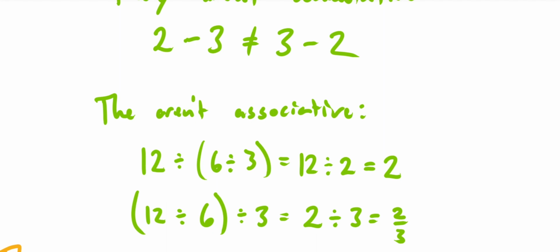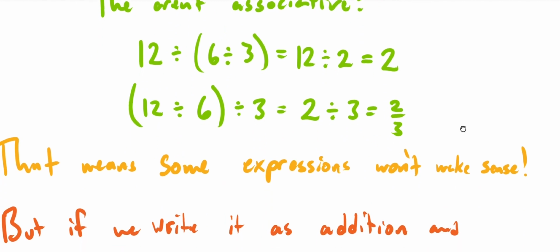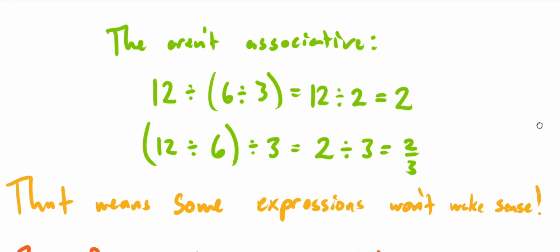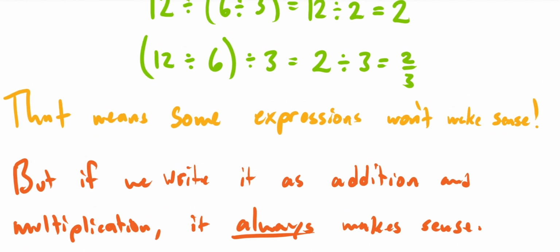So what gives? They're more badly behaved. They don't respect the properties that addition and multiplication gave us so obviously. To be perfectly honest, that means that some expressions won't make sense. You can't just list a bunch of divisions without any parentheses and have that make sense. You'll get different things depending on how you evaluate it.